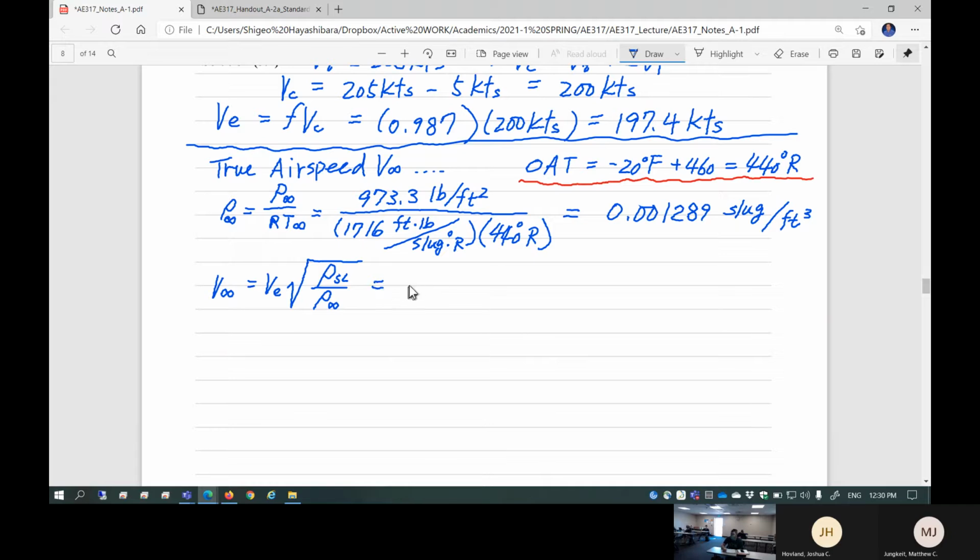Okay? All right. So equivalent airspeed is, we know, 197.4 knots multiplied by the square root of the density ratio. Do you guys know the standard sea level density somehow? 0.002377, something like that. We oftentimes use the standard sea level density, so I almost remember it. That's per cubic foot.